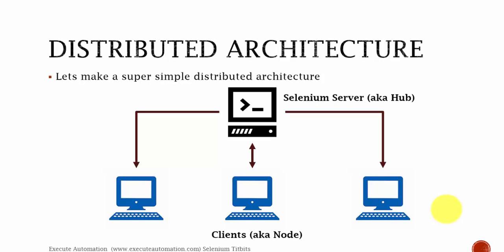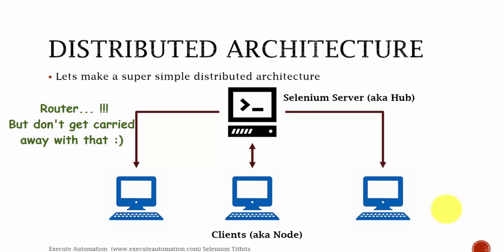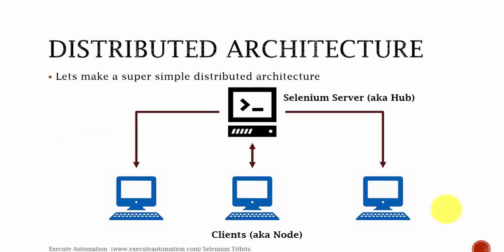So let's run this test in this particular setup. Basically, the Selenium server acts as a router here to send your request to the registered nodes, right? This is how the whole distributed architecture works in a Selenium Grid environment, and this particular setup is called Selenium Grid, right?